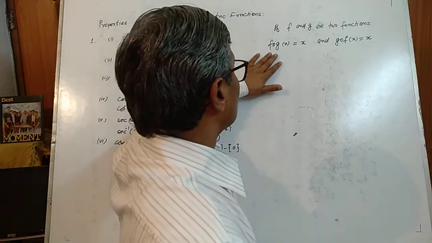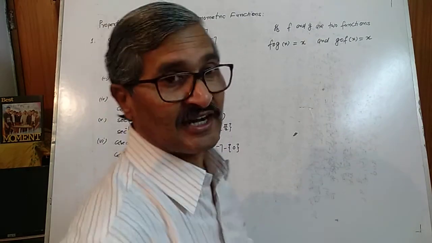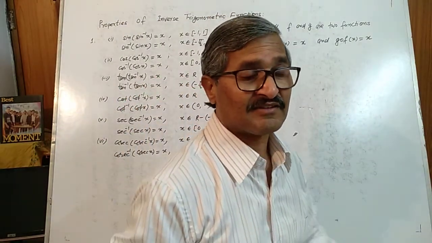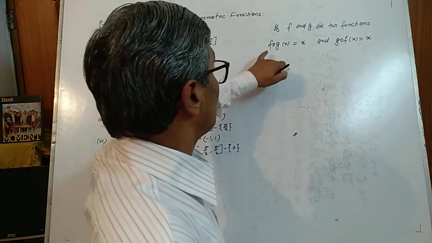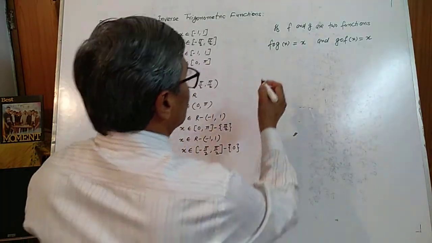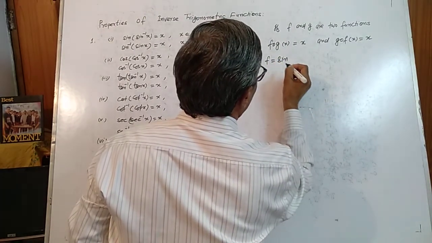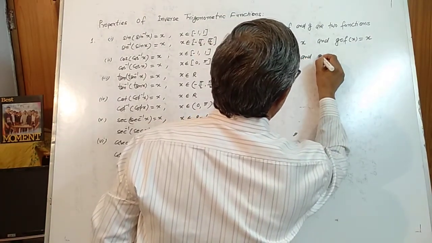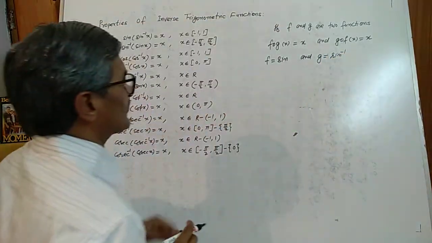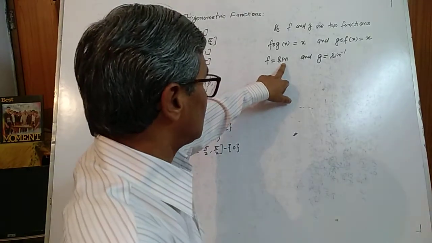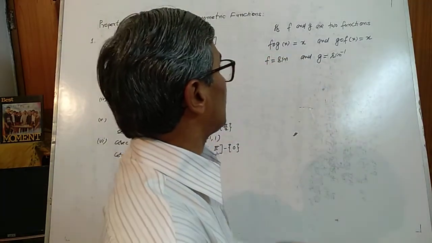Now here, what we are going to do is relate these identities with the trigonometric inverse functions. Replace f by sine and g by sine inverse. Then what we get?